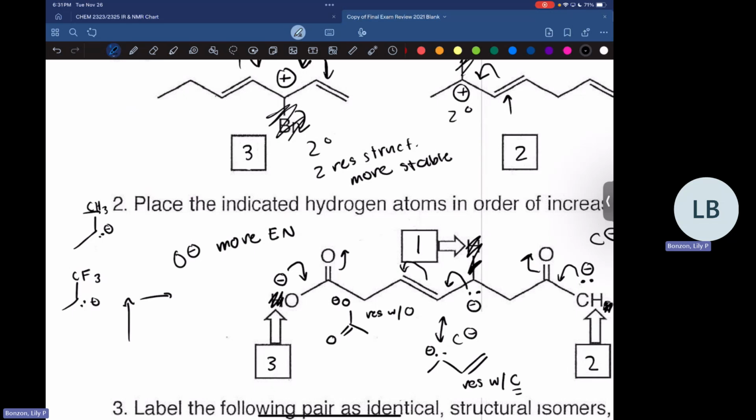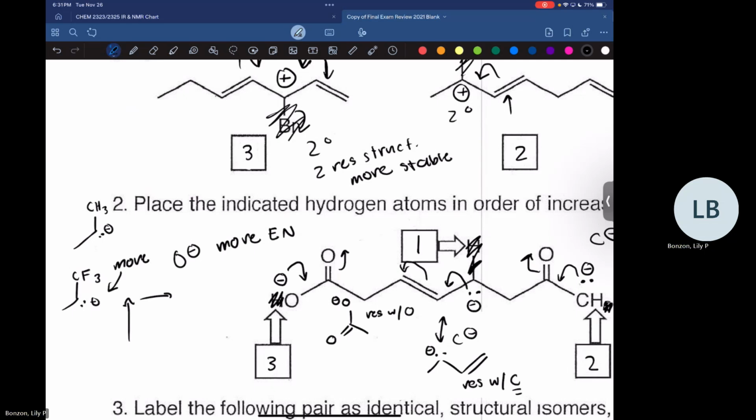The bottom structure, we have it next to a CF3. Fluorines are very electronegative, so they'd be withdrawing electrons by an induction effect. It's not resonance, but because fluorines are so electronegative, they'll just naturally pull electron density towards them. So between these two, the more stable would be the one with the CF3, again because the fluorines pull that electron density away from that negative charge, so we're spreading that electron density out throughout the molecule.